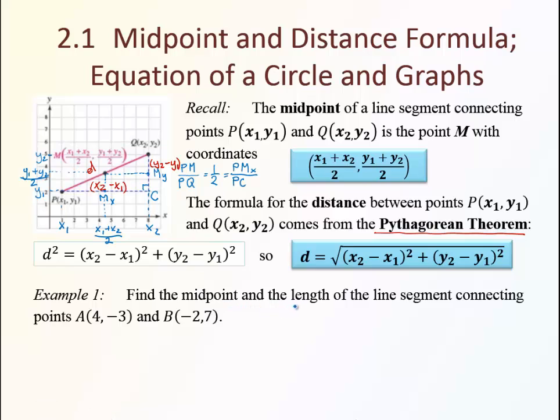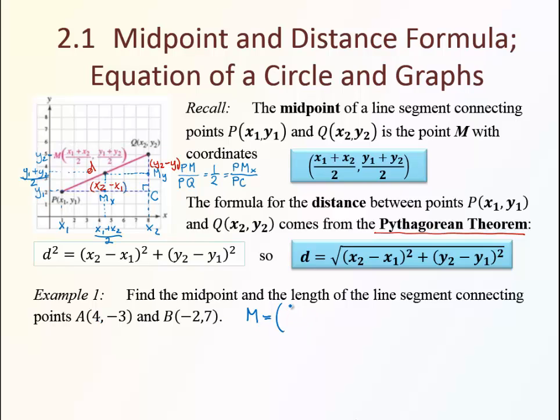Find the midpoint and the length of the line segment connecting points A and B with given coordinates. So let the midpoint be called M as before. Therefore the coordinates of M should be the averages of the x and y coordinates.